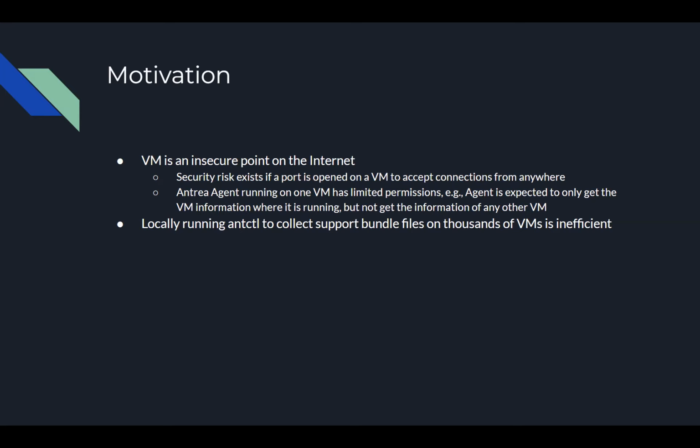And secondly, for VM cases, we might have different VPCs, and we would like one agent on one VM to have permissions that only allow it to access the VM's own information. So we don't want an agent to get the information from other VMs.